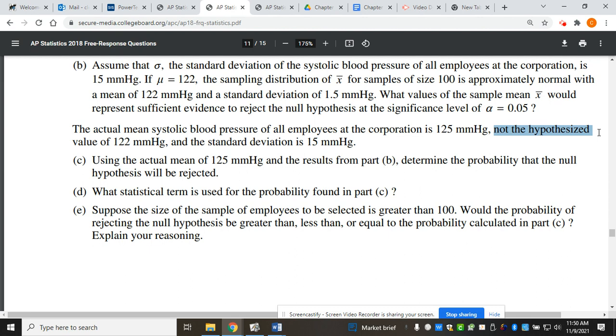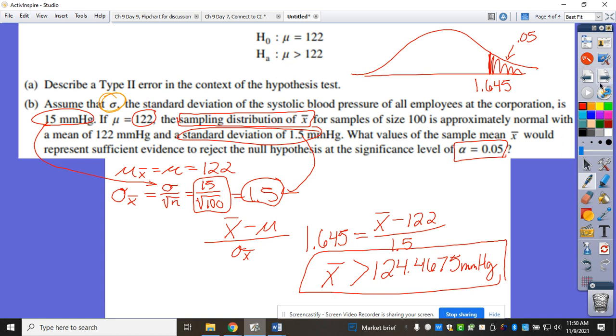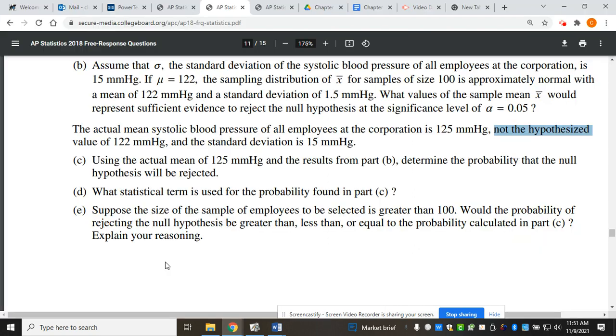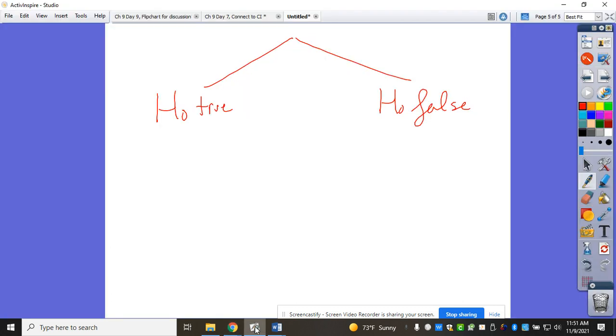So the actual, let me go back here. This whole section right here is telling us what? That the null hypothesis is actually false.